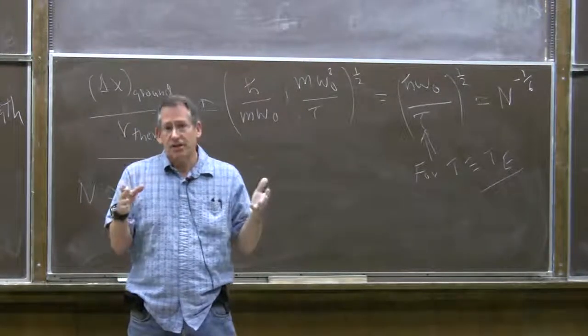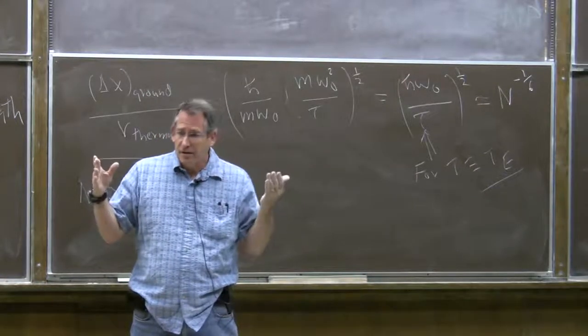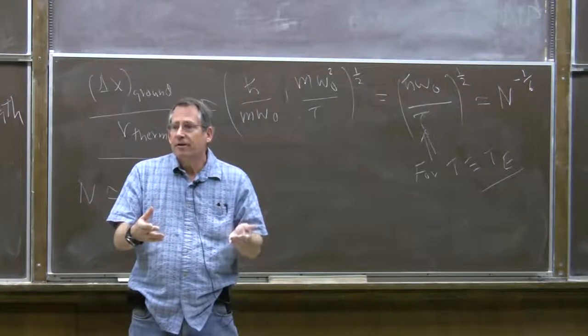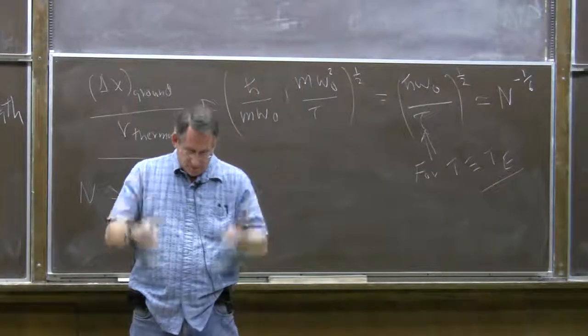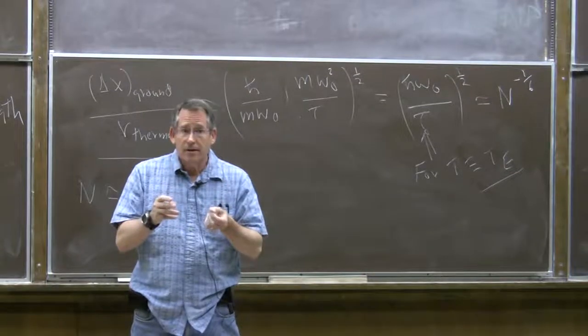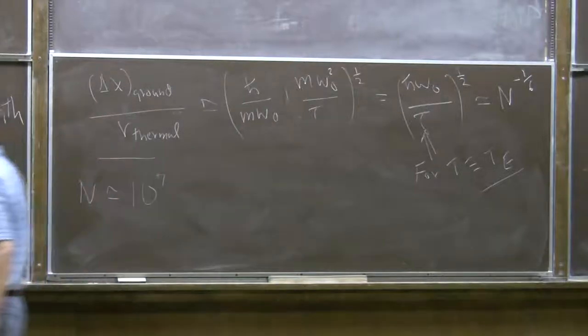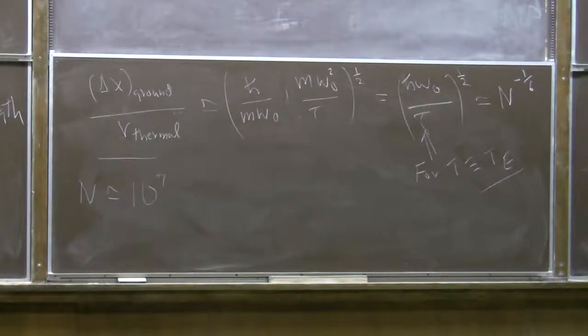You can blast it with laser light, and that badly disrupts the condensate, but that's okay. You do the experiment many times, and at a certain estimated value of the temperature, you take that snapshot, and you can get a picture that allows you to find the density profile.